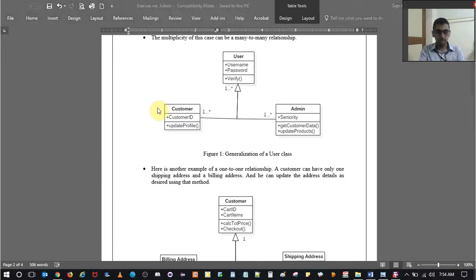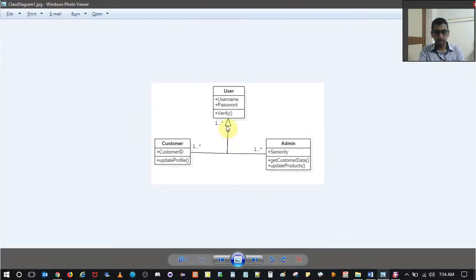And here, to stress what exactly is in this diagram, is the generalization. The generalization is denoted by this triangle over here, and that means this customer and admin are inheriting the user class, the base class, and the multiplicity is many to many and many to many again.